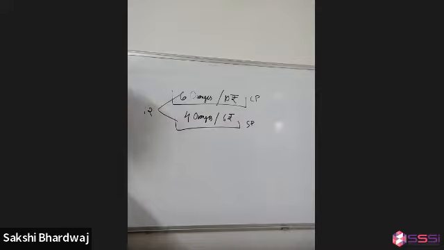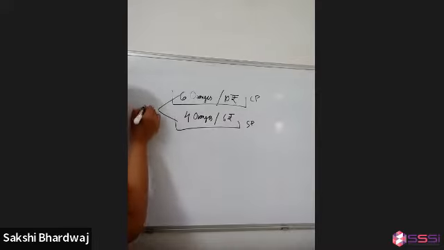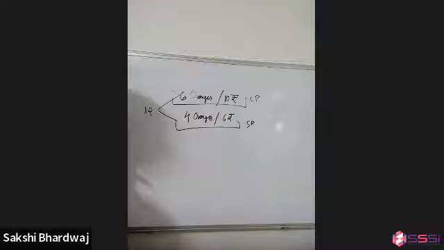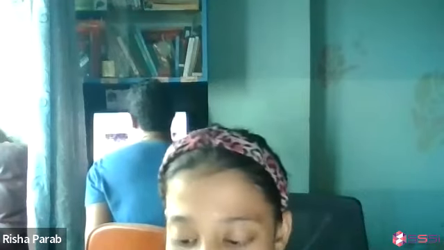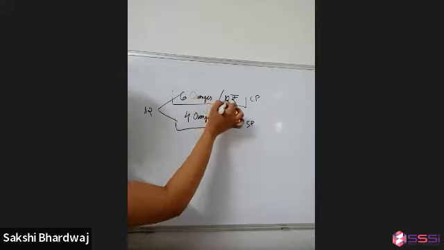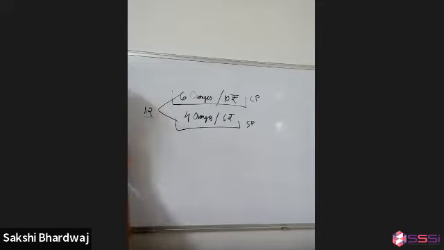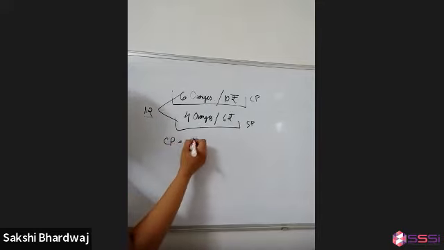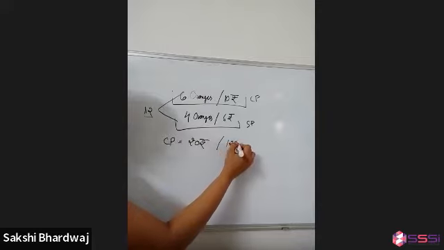How much will it cost him? He bought 6 oranges for 10 rupees, so 12 oranges will cost 20 rupees. So the CP is 20 rupees for 12 oranges.